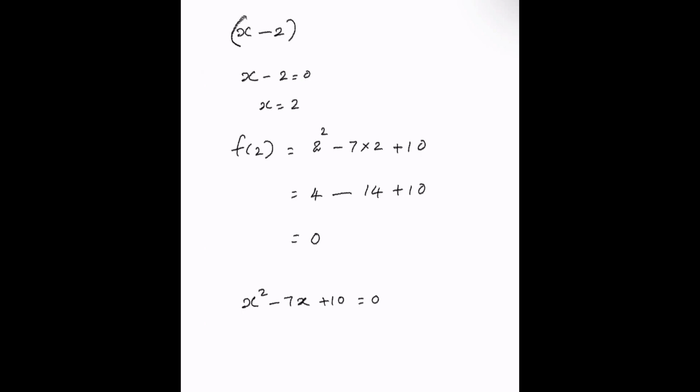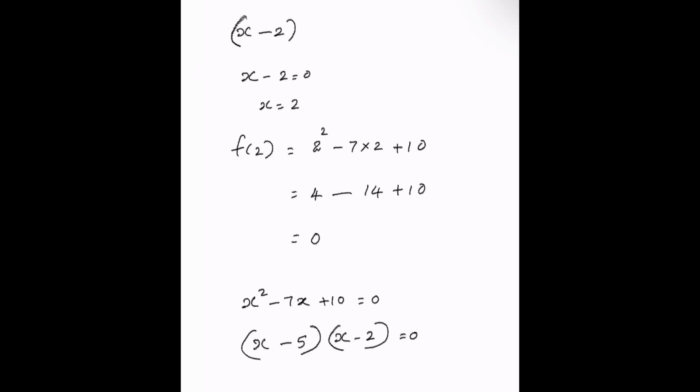If I do factorization, it would be simple. Split the middle term. So can I write it as x minus 5 into x minus 2 equal to 0? I'm splitting it as minus 5 and minus 2. So don't you think I'll get x minus 5 and x minus 2 as the factors?